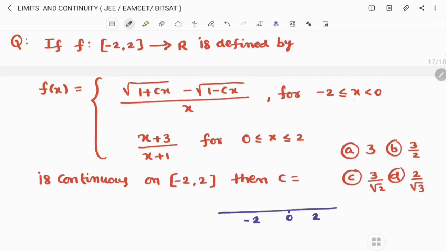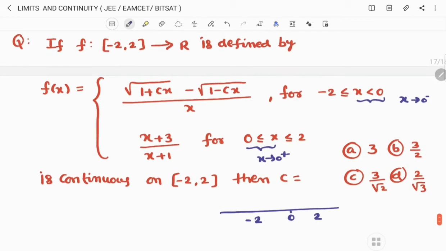Observe here x is less than 0 and here 0 is less than or equal to x. x less than 0 means x tends to 0 minus, and 0 less than or equal to x means x tends to 0 plus. So f(x) is continuous at x = 0.